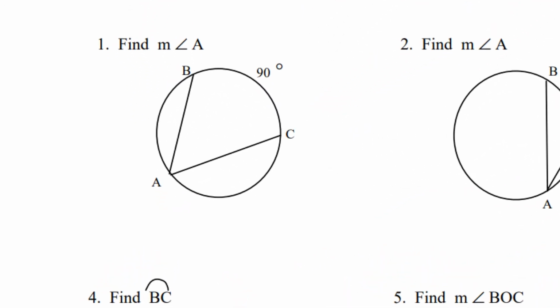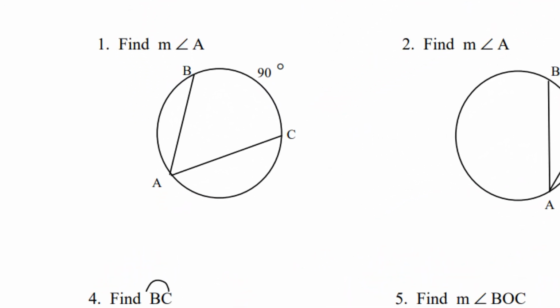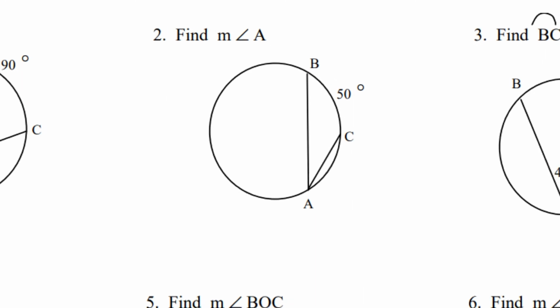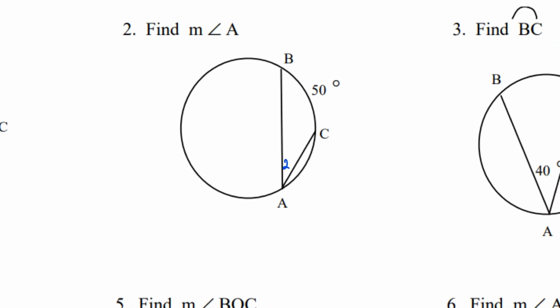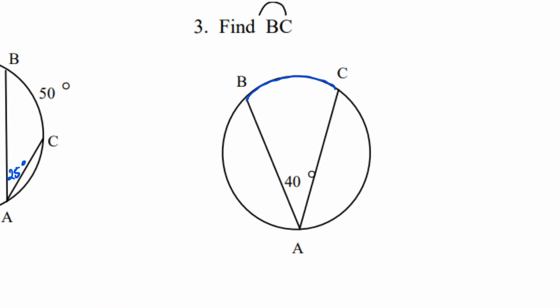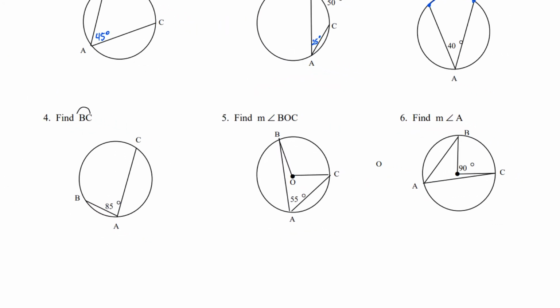All right, number 1, how big is angle A going to be? It's going to be 45. Half of the arc. How big is angle A going to be on this one? It's 25. On this one, what's the measurement of arc BC? It's going to be 80. Okay, do those last 3 real quick.